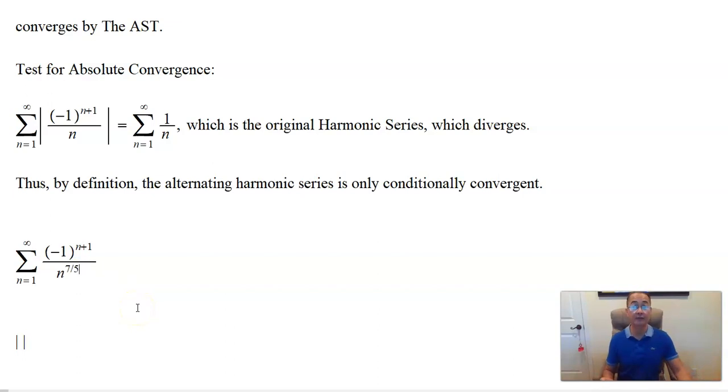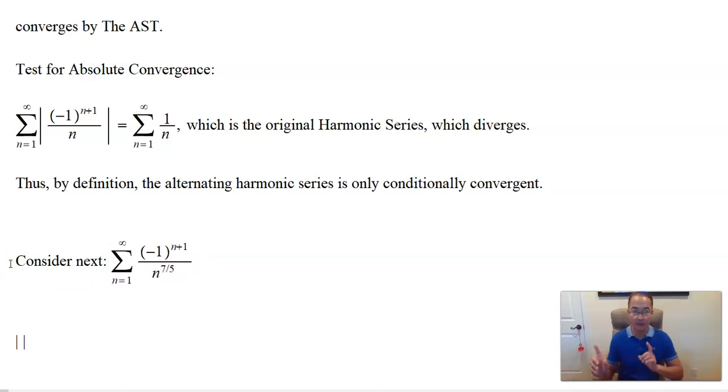In one of our earlier videos when we did the integral test, we talked about p series, and if your p is 7 over 5, that's bigger than 1. The p series, where the numerator is 1, we know converges, okay? So with that in mind, consider next this alternating p series.